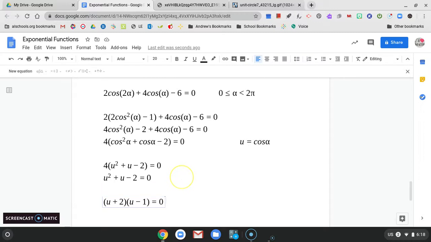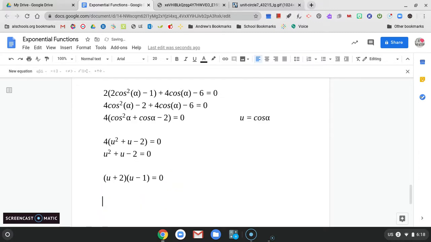So that's my factoring. By using the zero product property, I can say that either u plus 2 equals 0 or u minus 1 equals 0. One of them has to be 0 for the product to be 0.